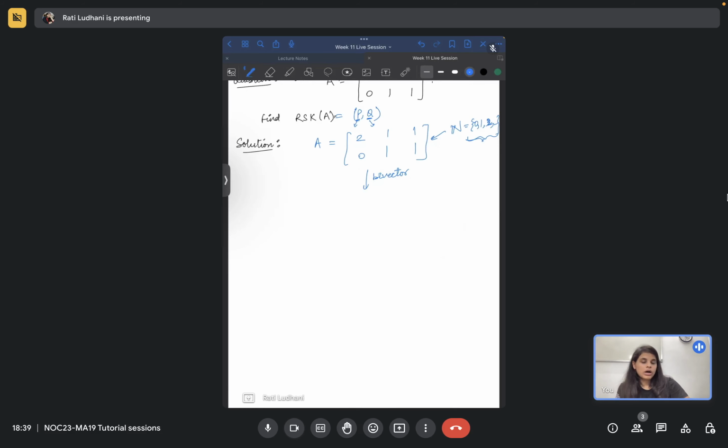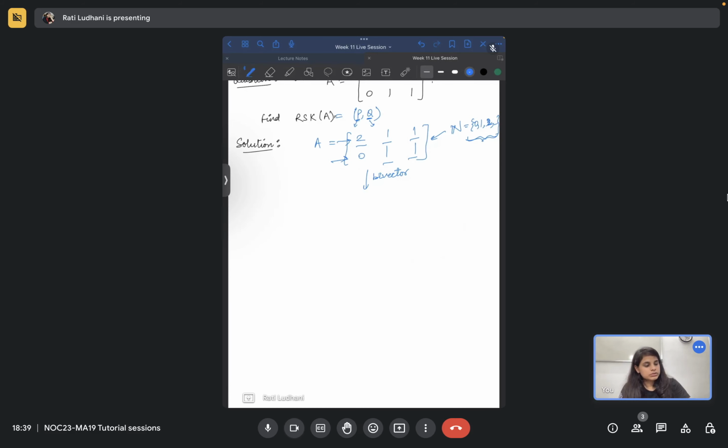Now how will the bivector be written? You will not consider zeros, but whatever non-zero entry you have, you will write it in a form. So firstly move row wise. First move to the first row.